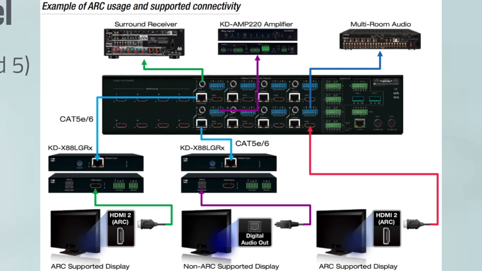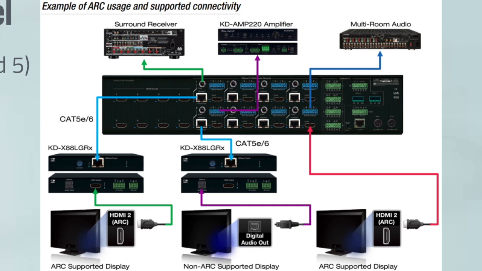At the bottom left, we have a connection with an ARC supported display. So over the HDMI, the audio is able to be fed back, returned to the matrix switch, and then output on an analog or digital audio connection for port 1. Port 5, we're connected to a non-ARC supported display. And so as an option, we also have a Toslink optical connector at the receive unit.